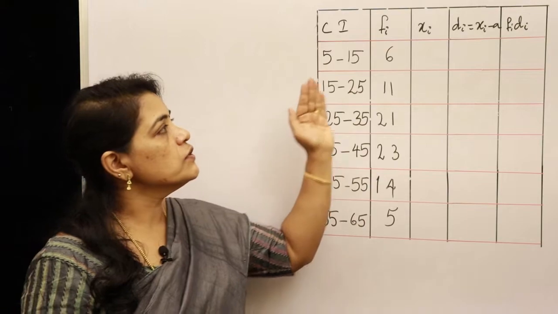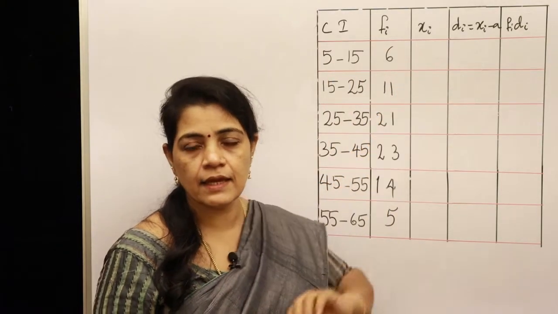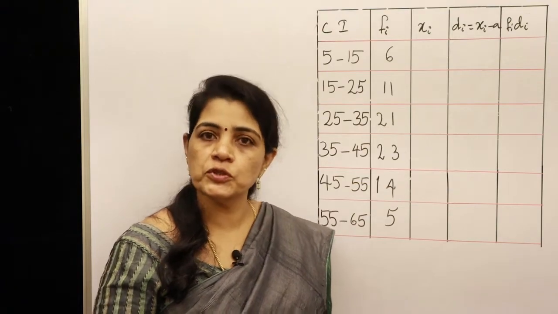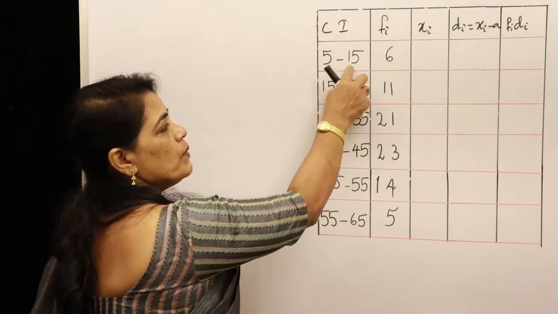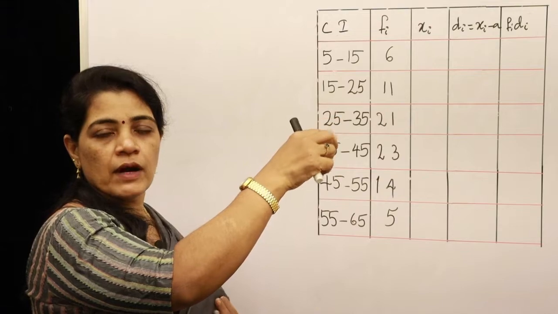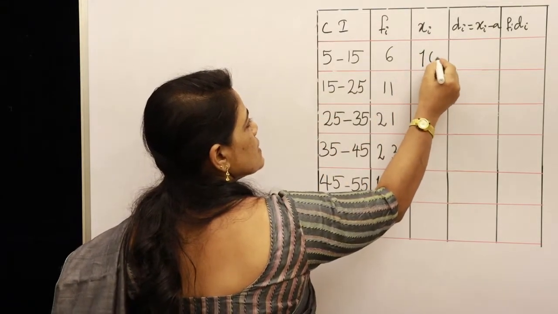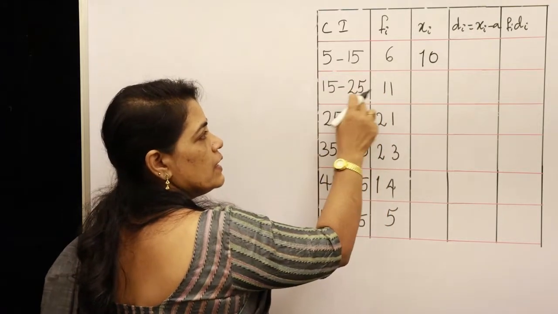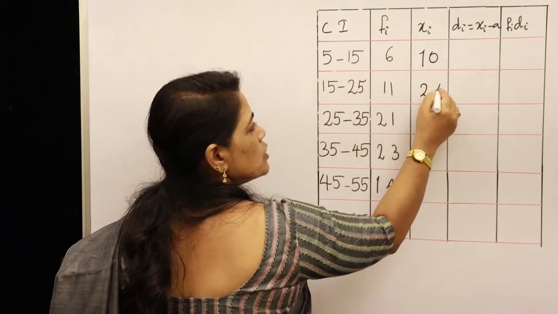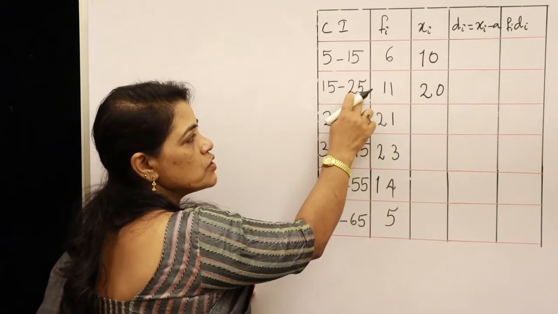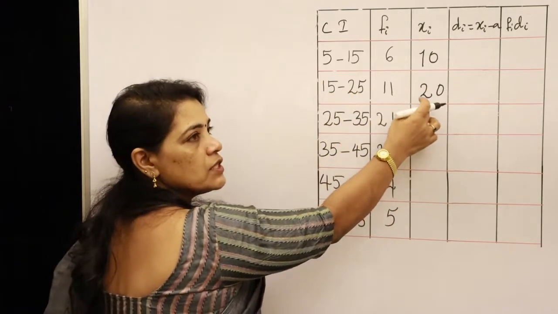In order to get the class mark, that is xi, it is lower limit plus upper limit divided by 2. That is 5 plus 15, that is 20 by 2, that is 10. Since the class width is the same, that is 10, you can write here 20, so 20 minus 10, 10. 15 plus 25, 40 by 2, that is 20.